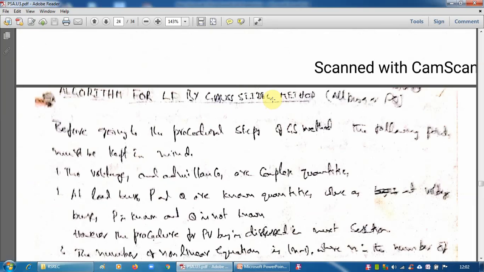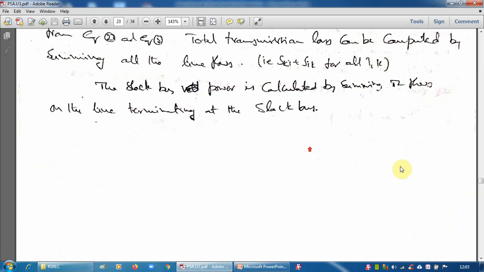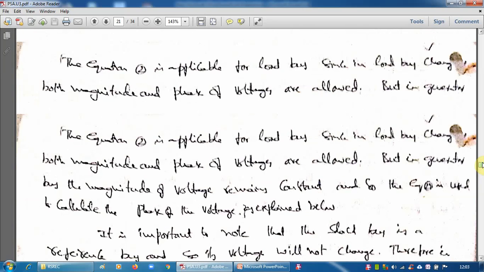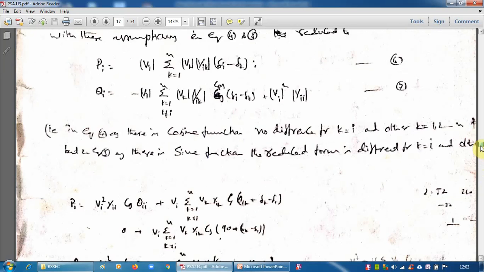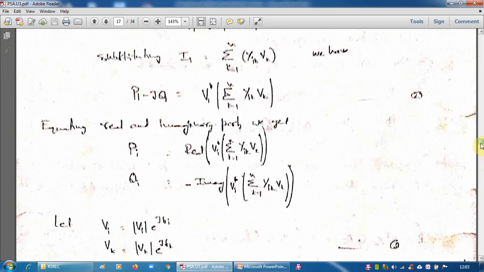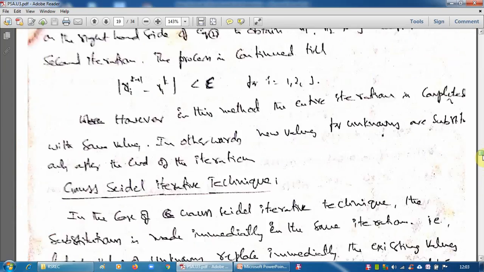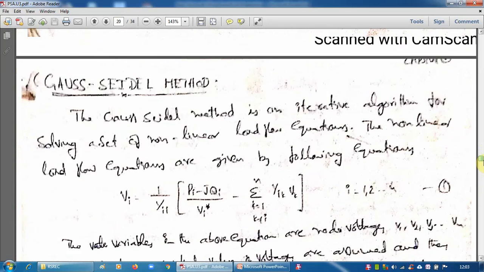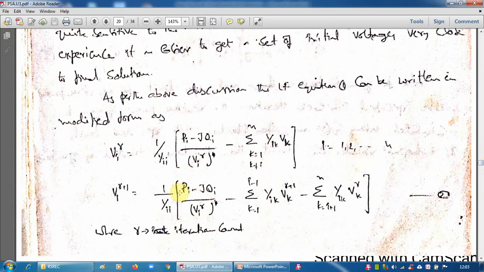So first of all, consider one bus. If it is a slack bus, leave that bus and jump to the next bus. And if that is a voltage bus, calculate the voltages and angles by this equation.